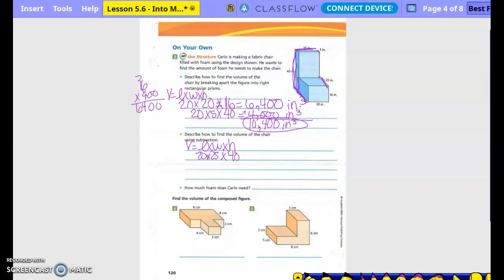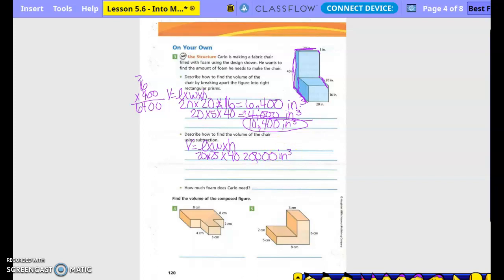So what is 20 times 40? 800, right? And then 800 times 25, what is 8 quarters? It's $2. I mean 200, and then add 2 more zeros, right? So the whole thing would be 20,000 inches cubed.